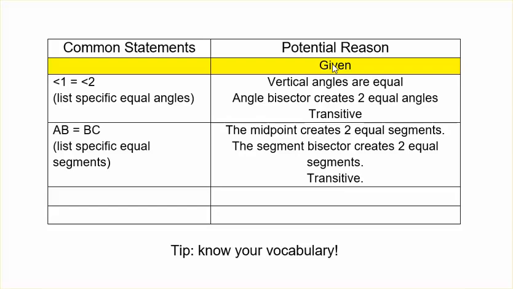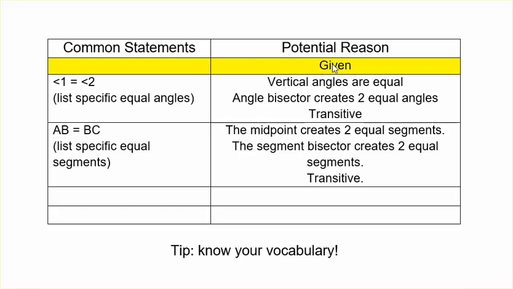Some reasons we might know that would be that vertical angles are equal, an angle bisector creates two equal angles, or using the transitive property. We might also list specific parts, segments that are equal. Similarly, we would have to explain them, like a midpoint creates two equal segments.